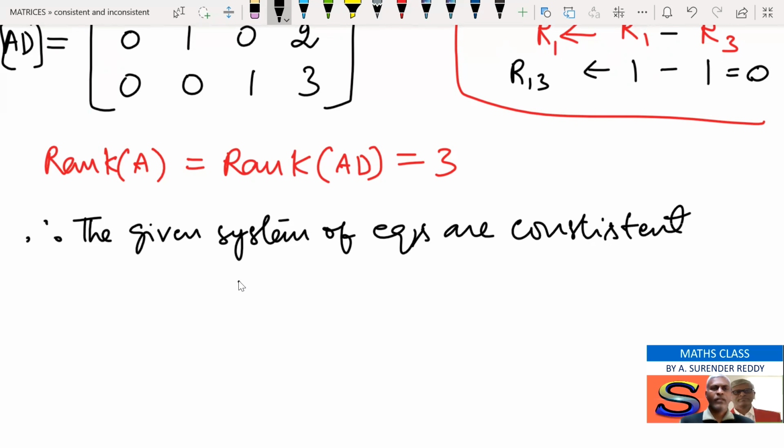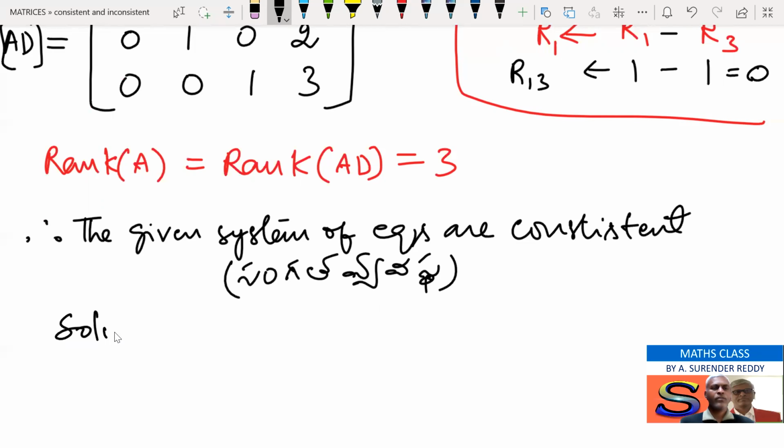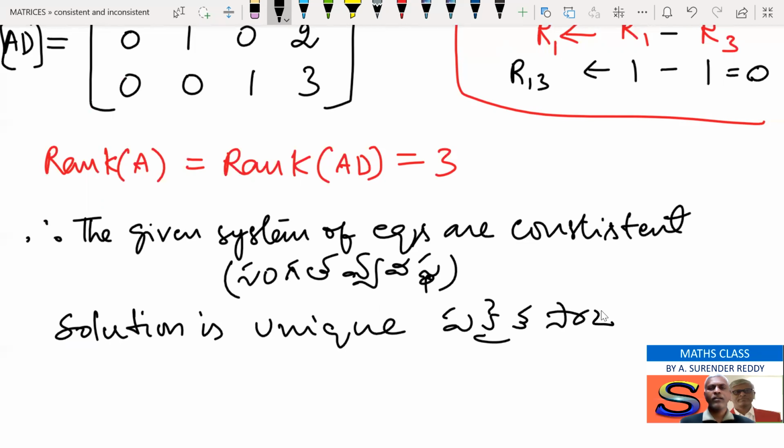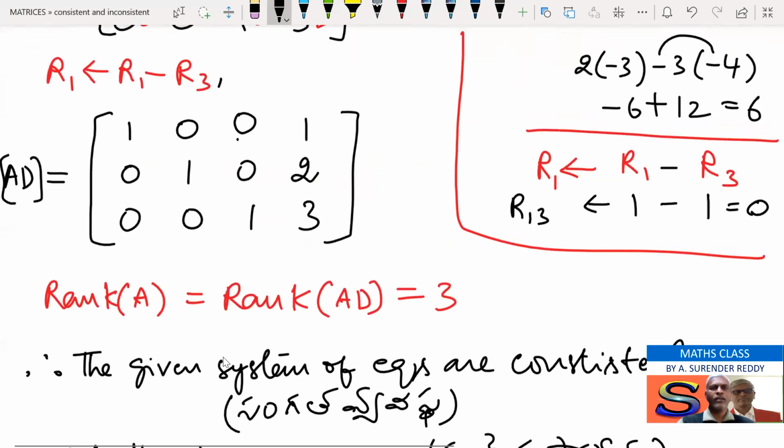The given system is consistent. Therefore, it has a solution, and the solution is unique. A unique solution exists. The solution is x value 1, y value 2, z value 3.